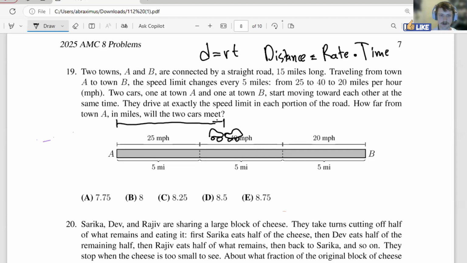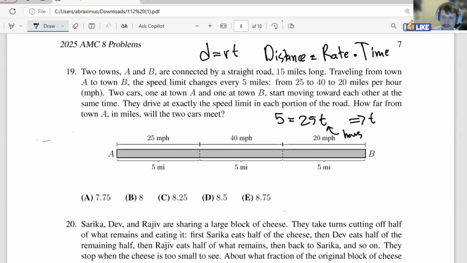So how long does it take A to go 5 miles if A is going 25 miles per hour? So 5 is equal to 25 times t. I'm going to use lowercase for t, and this is in hours.